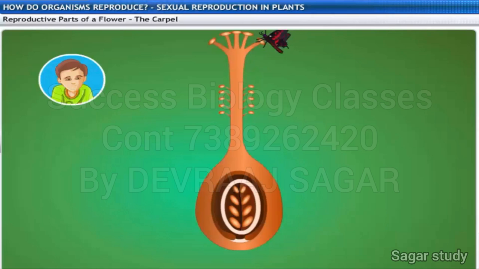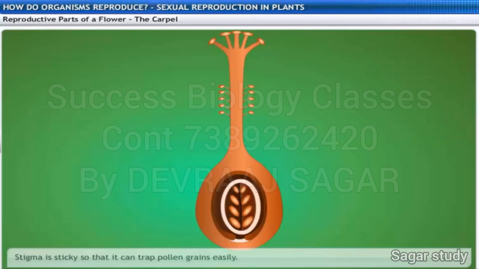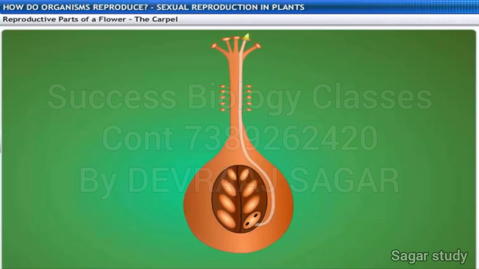Oh, to catch the pollen grains, of course. That's right. When the butterfly carries the pollen grains from the stamen, the stigma can trap these pollen grains in its sticky surface. Then they can travel down to the ovary for fertilization.